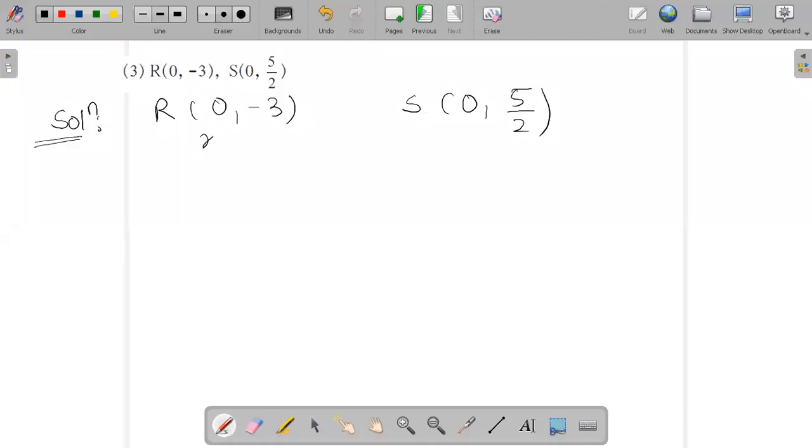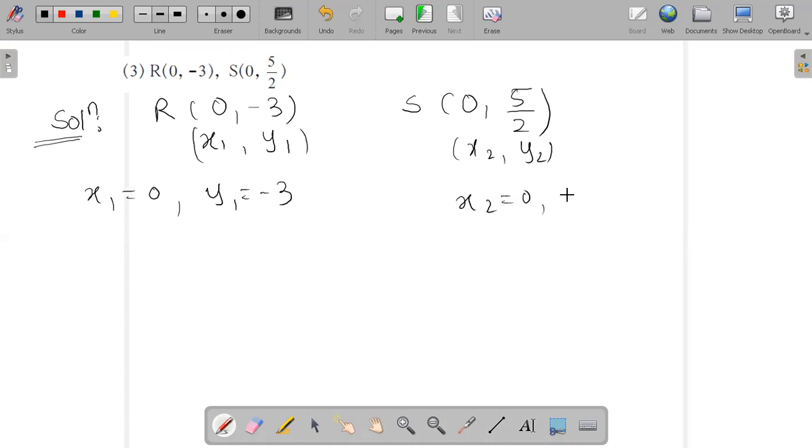Okay, so this will be our x1, y1, and this will be our x2, y2. So x1 is 0, y1 is -3, x2 is 0, and y2 is 5 upon 2. The same way, we'll use the distance formula.